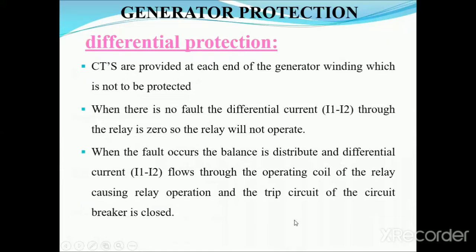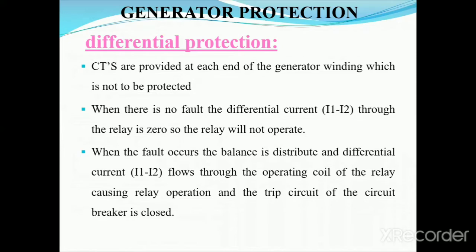These are the various protective schemes in the case of a generator. While giving these protections to the generators, the generator will automatically be within a safe zone. Therefore the life of the generator will also be increased.